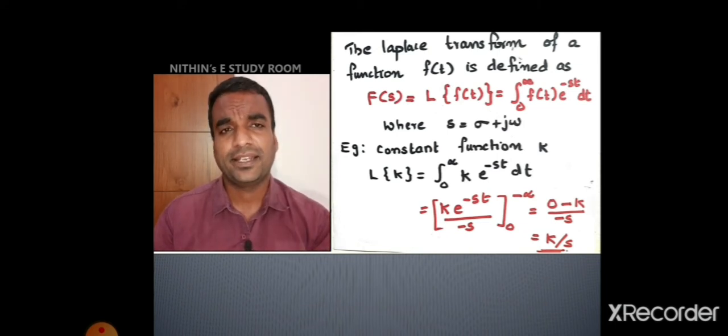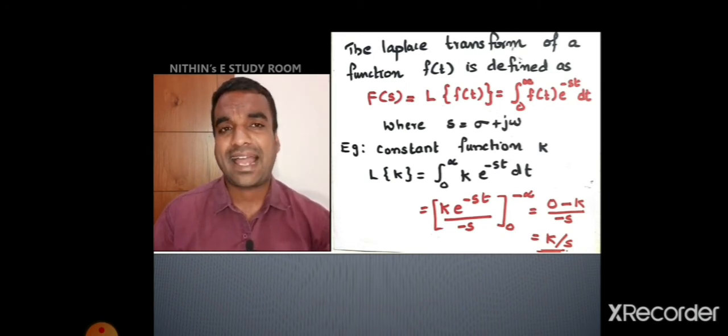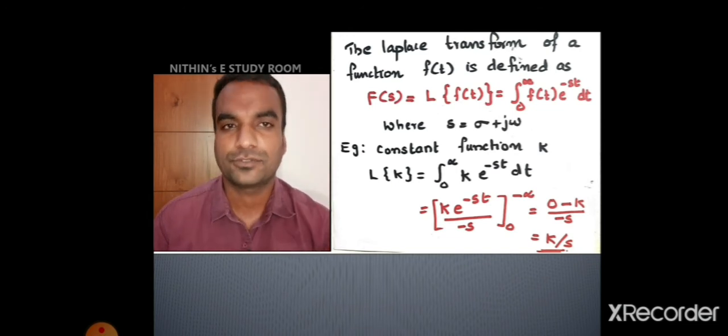Let it be k, let it be some sin omega t, cos omega t, whatever we can do. But for saving time, we have to memorize these expressions. This is the way we can find the Laplace transform. But for some 8 or 10 standard functions, you have to memorize the time domain expression and the frequency domain expression.